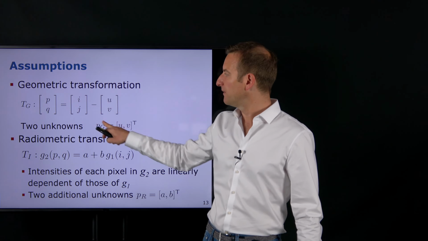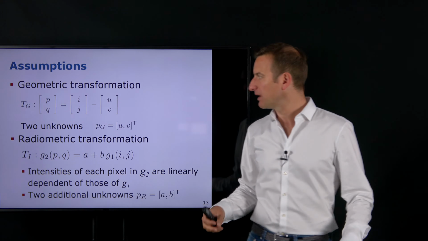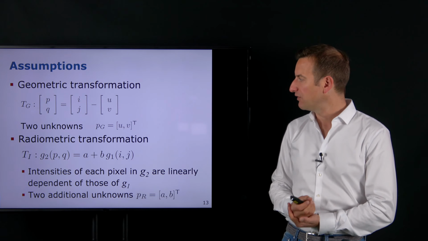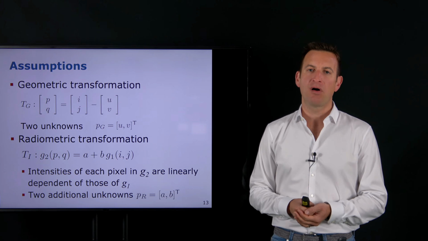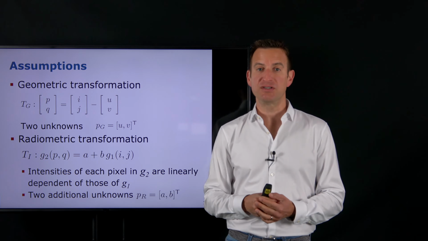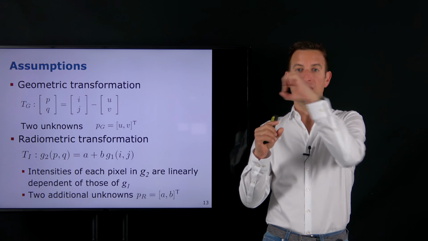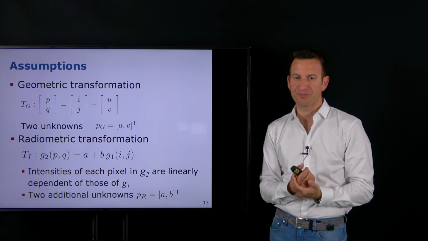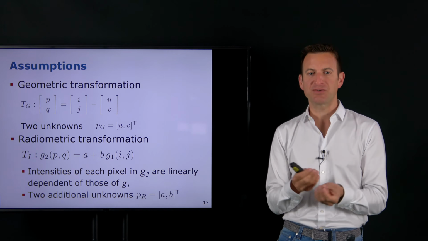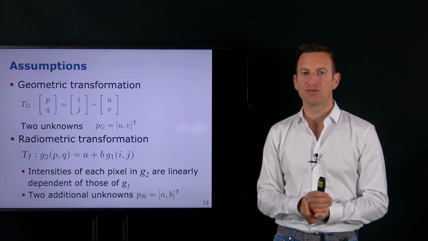So this here is our shift vector, which tells us how one is mapped into the other. That means we basically have two unknown parameters for our transformation, which is just this two-dimensional shift. So I'm just shifting this small template in the other image. I'm not rotating it or anything else. So this is the geometric transformation that we're taking into account.